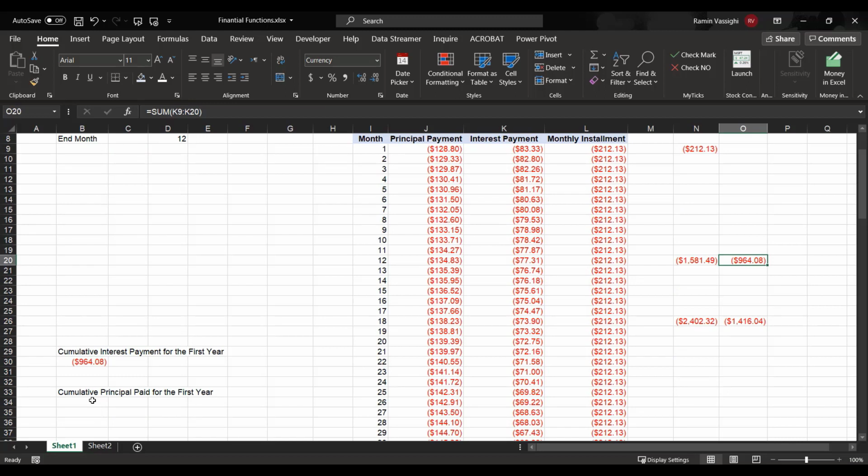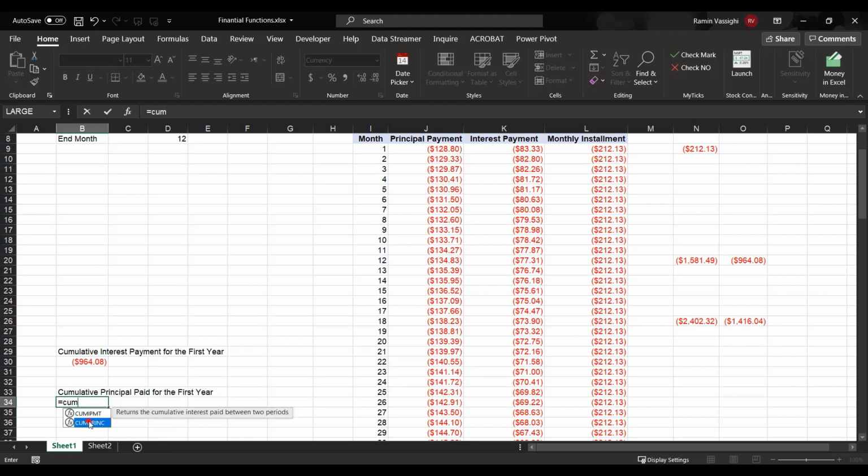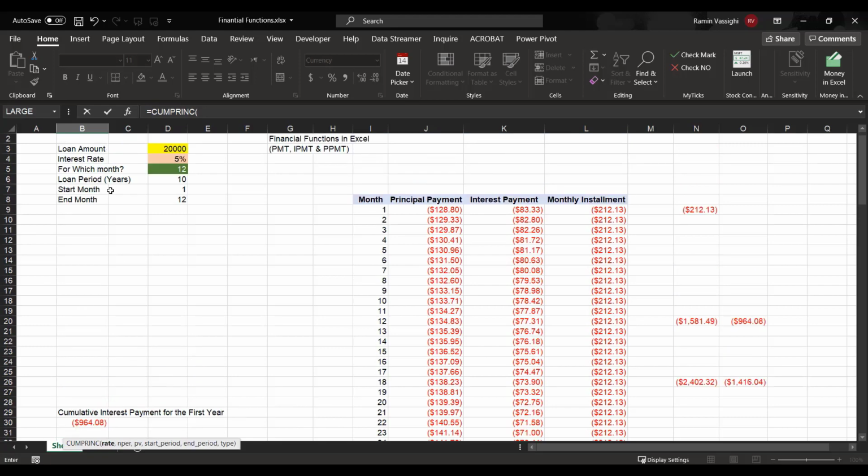Now let's take a look at our cumulative principal paid. Let's say for the first year, same exact thing. Equal sign, that's for principal. Our rate would be the same, 5% divided by 12. The next one is our number of periods, which is the 10 years in here, multiplied by 12, followed by our present value, in this case, the present value of our loan, which is $20,000.